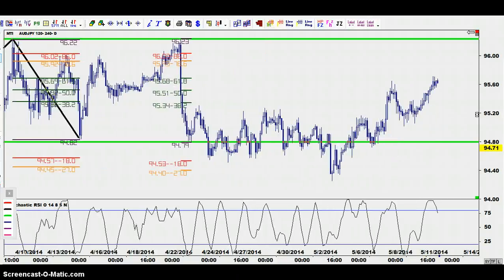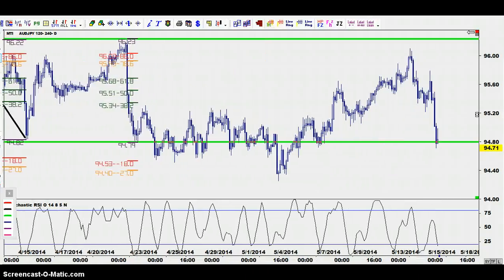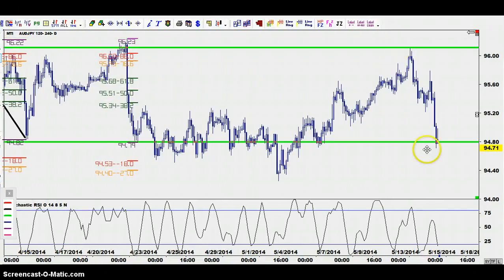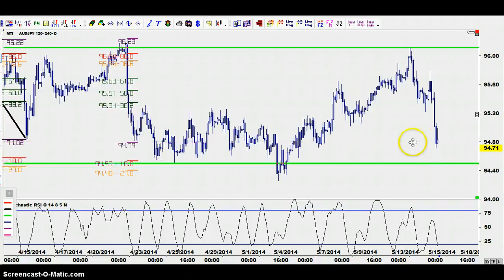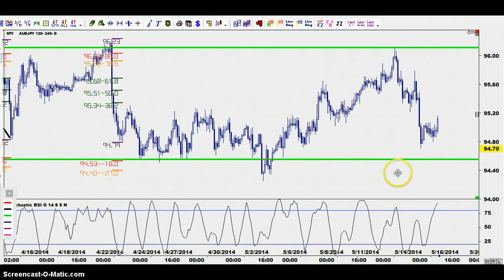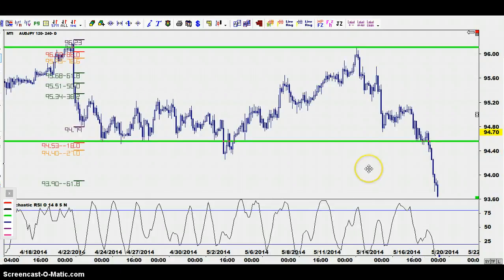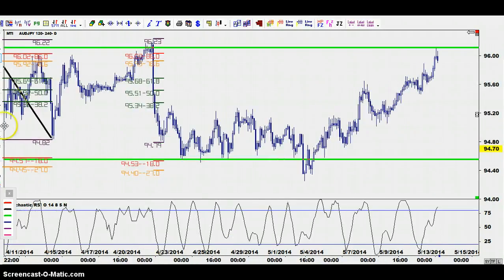All right, another deep retracement to almost, so we're looking at what, this 118. Okay, and there we go, tapped it and then shot all the way down.